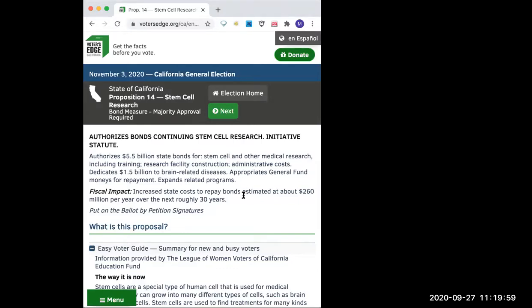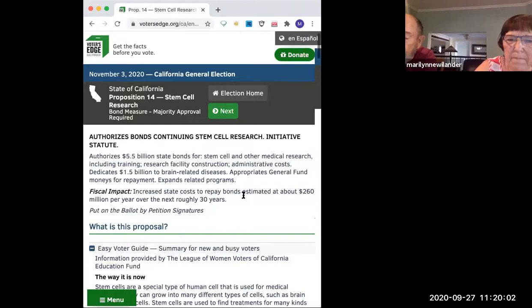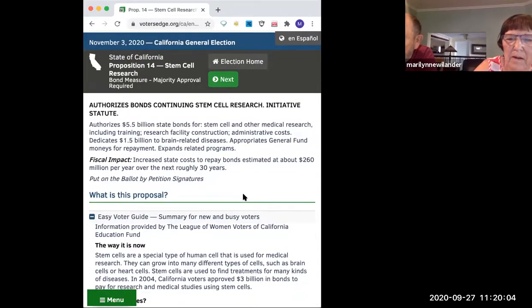Okay, Proposition 14 authorizes bonds continuing stem cell research. The question is, should California sell $5.5 billion in new bonds to continue funding grants for research and development of stem cell treatments?